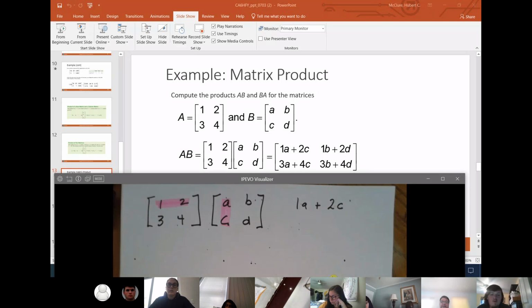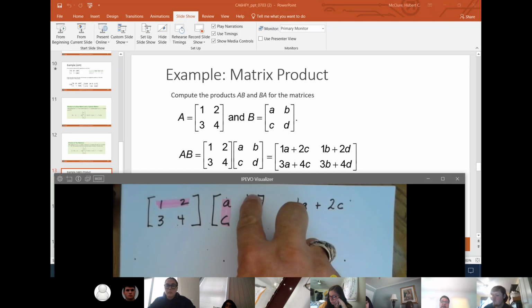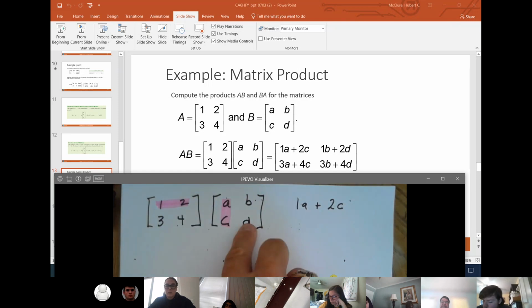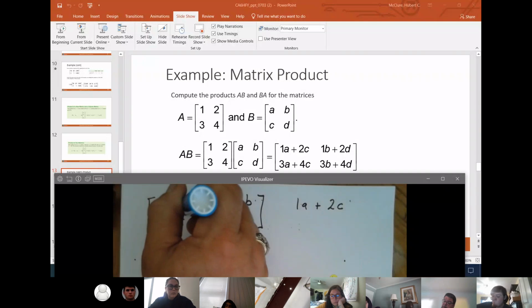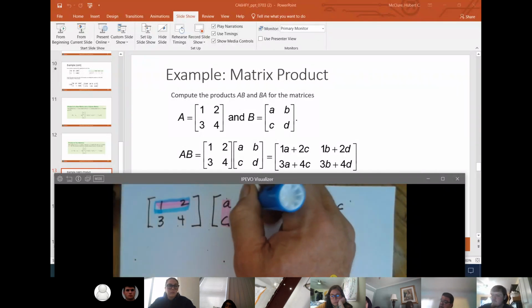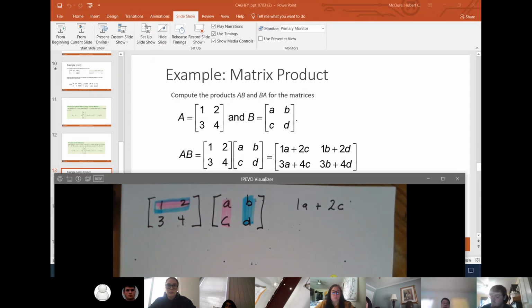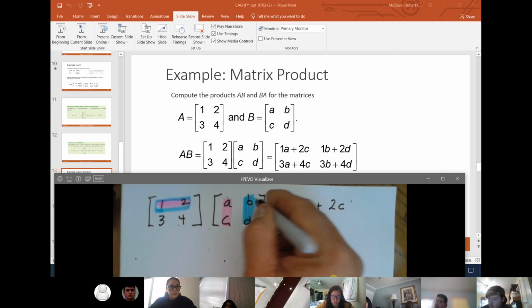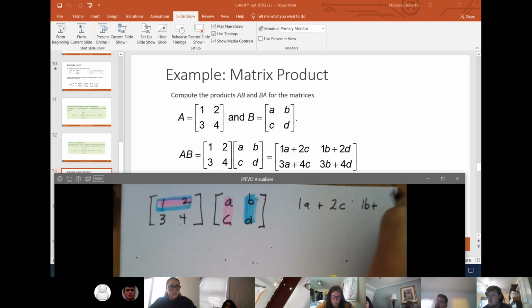And then you're going to take 1B and 2D. So then, I guess I'll take a blue marker, you're going to take 1 and 2 and go here. So that will be 1B plus 2D.